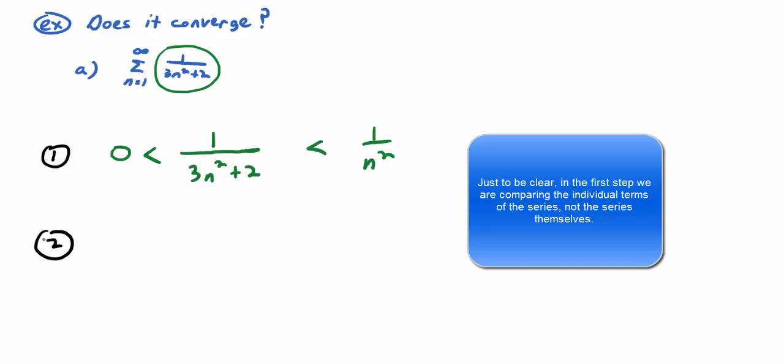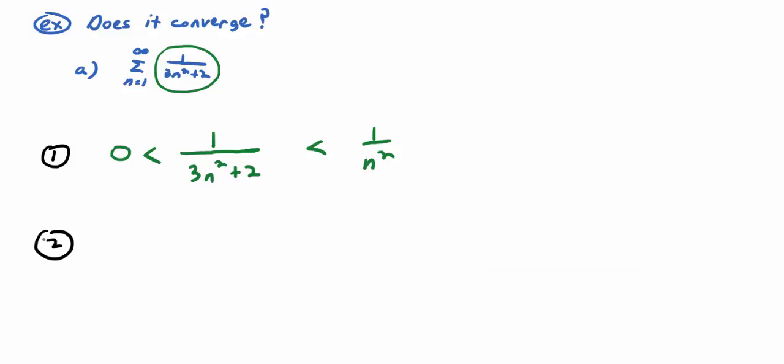Here's the biggest mistake I will see on the test: somebody says 1 over n squared converges because it's a p-series. But 1 over n squared is not a series, is it? It's a sequence. Whoever does this is probably thinking the right way, but they're writing it incorrectly, and it's my job to tell them that.